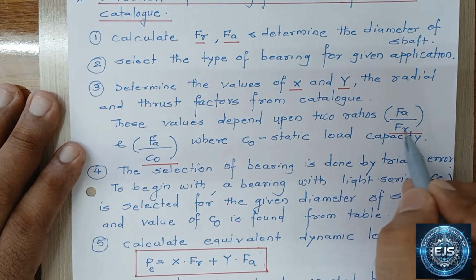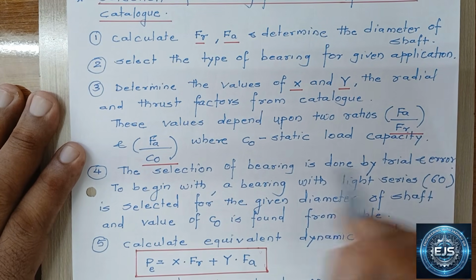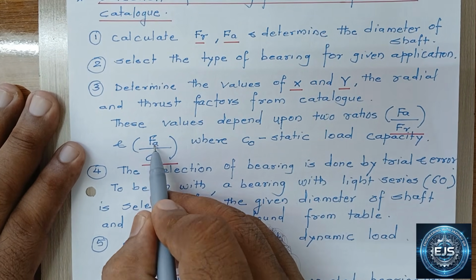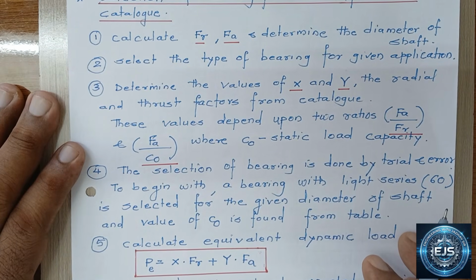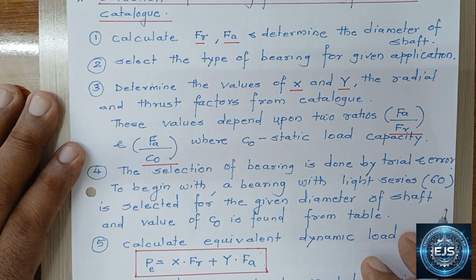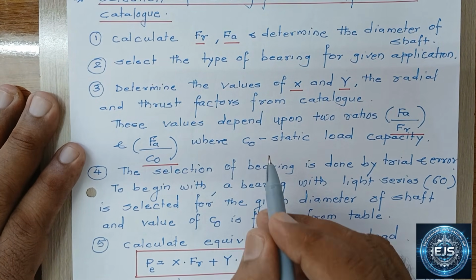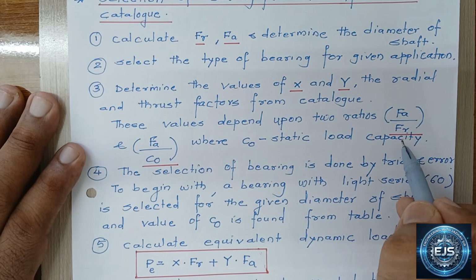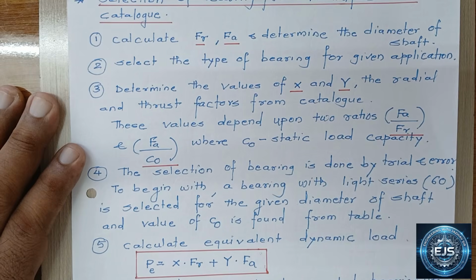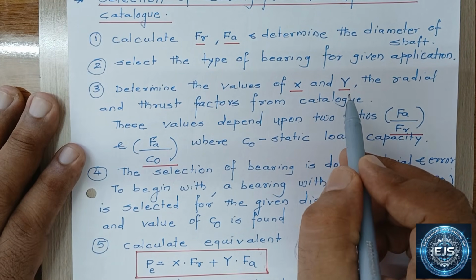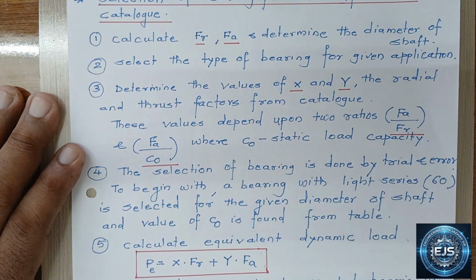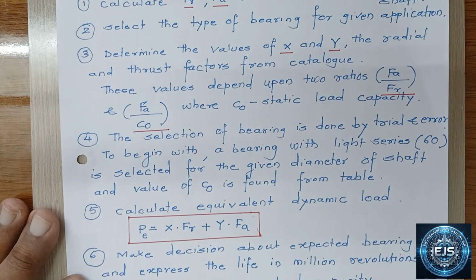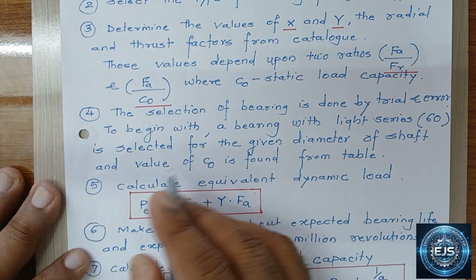First ratio is axial load upon radial load, FA upon FR, and another ratio is FA upon CO. FA is axial load and CO is the basic static capacity of the bearing, basic static load carrying capacity of the bearing. So based on this FA upon FR ratio or FA upon CO ratio, we can choose the value of the radial load factor and axial load factor. So this is the third step in the procedure.